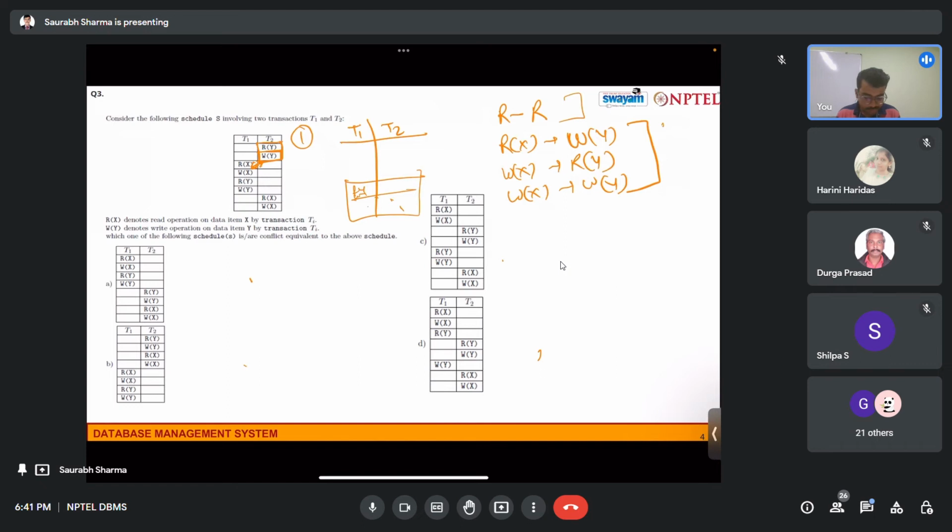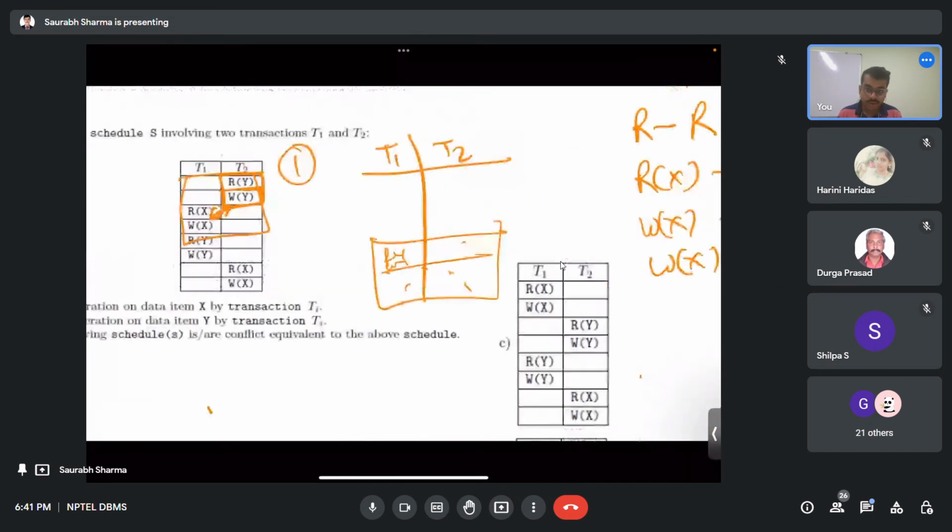I'm just checking for these four first. If there is Ry and Wy, and we swap between Wy and Rx, because these two are non-conflicting and done on different data, what will happen? There is Ry, then Rx, then Wy, then Wx.